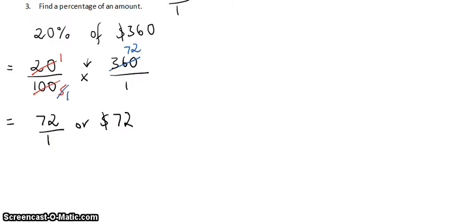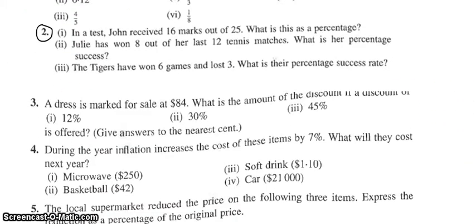All right, let's have a look at the type of questions you might be asked here. A dress is marked for sale at $84. What is the amount of the discount? If a 20% discount is offered, 30% discount is offered, or a 45% discount.